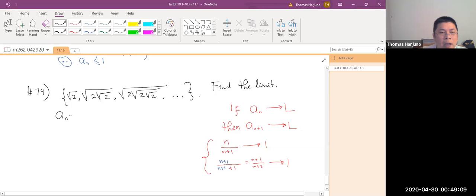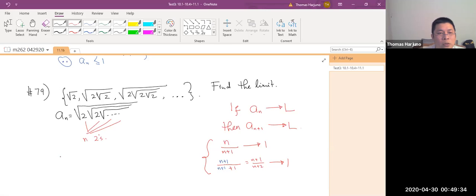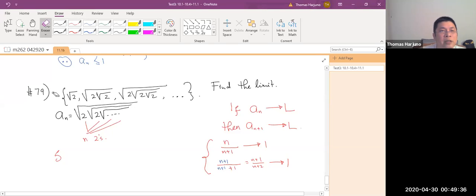A sub n is square root of 2, square root of 2, square root of 2, and so on. Basically, I have n 2's there. Now, suppose A sub n converges to L. We need to find that L, right?